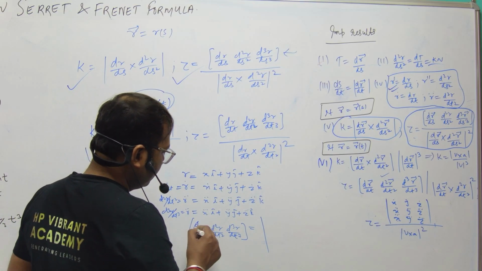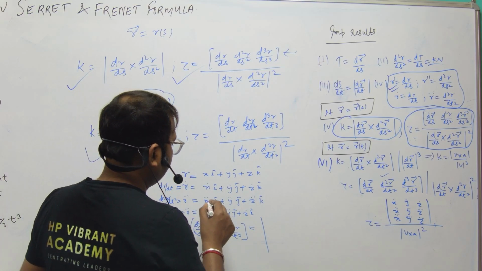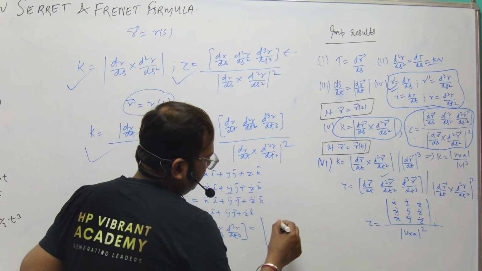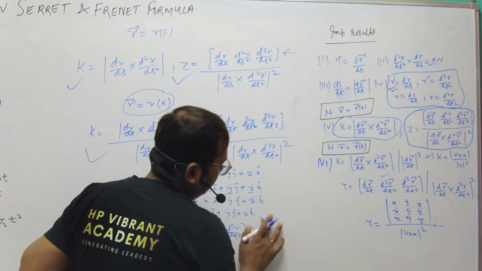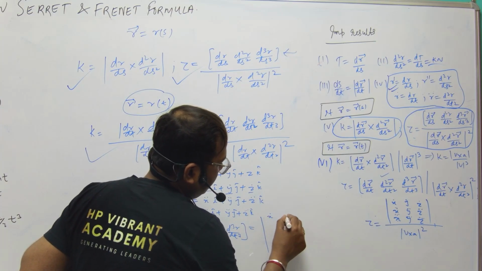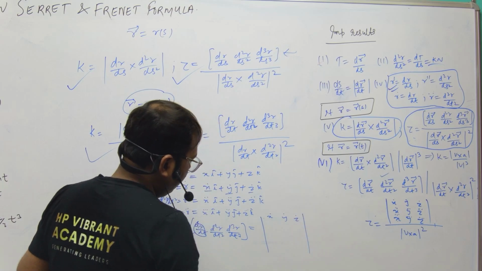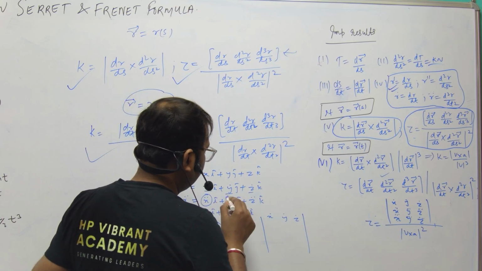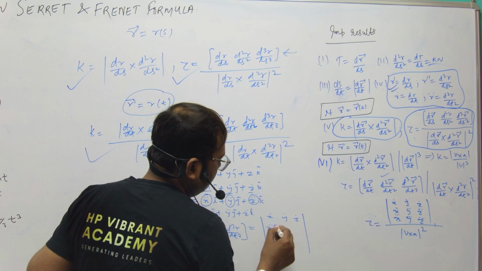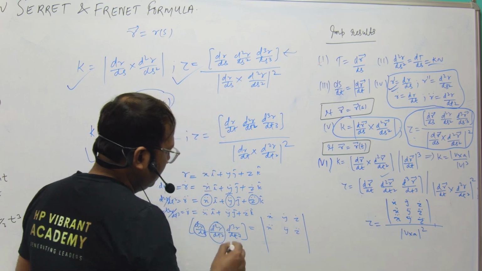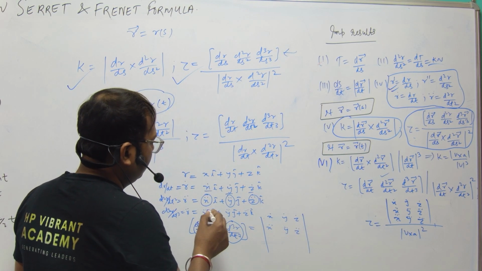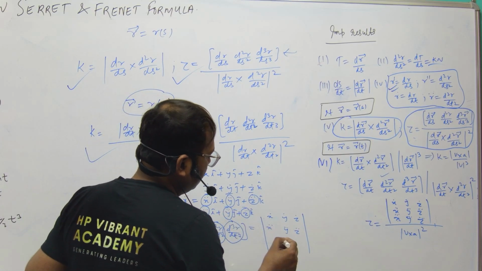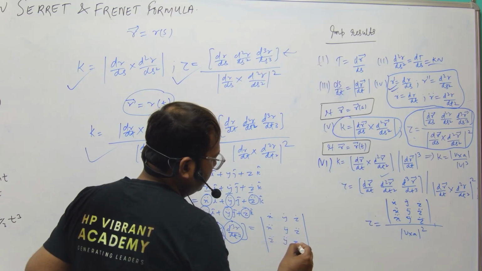This is equal to the determinant of the coefficients. The coefficients of the first vector are x dot, y dot and z dot. For d2r upon dt square, the coefficients of the second vector are x double dot, y double dot, z double dot. For d cube r upon dt cube, the coefficients of the third vector are x triple dot, y triple dot and z triple dot.